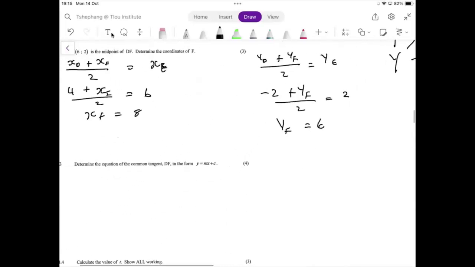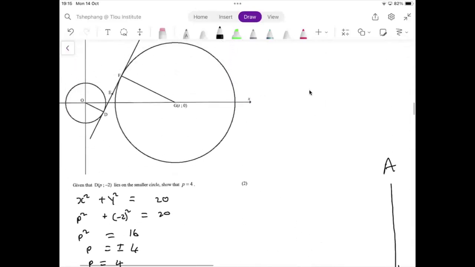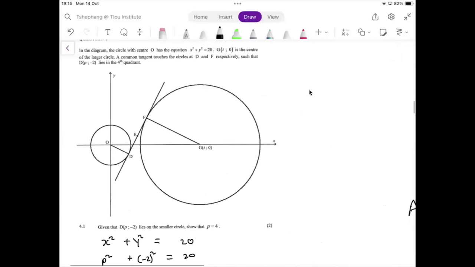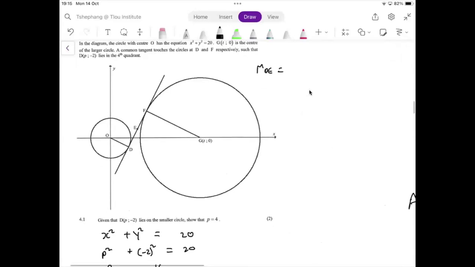Okay, now moving on. Determine the equation of the common tangent DF in the form y is equal to mx plus c. So let us try to find the gradient of DE. We found these points.